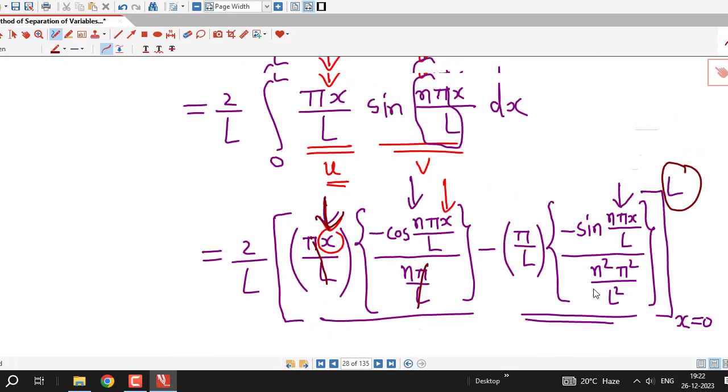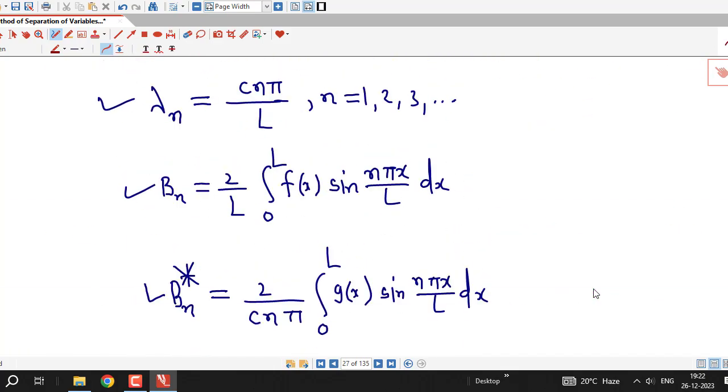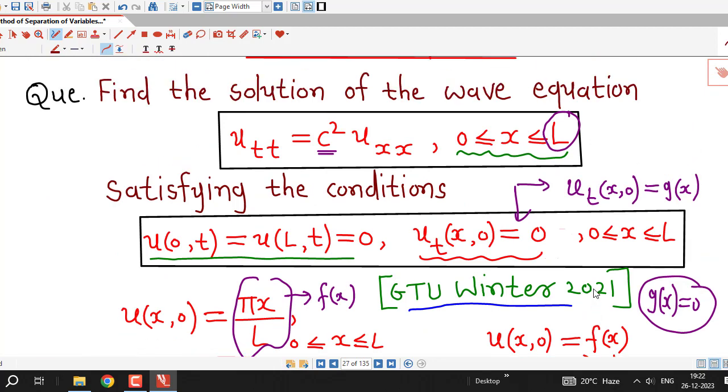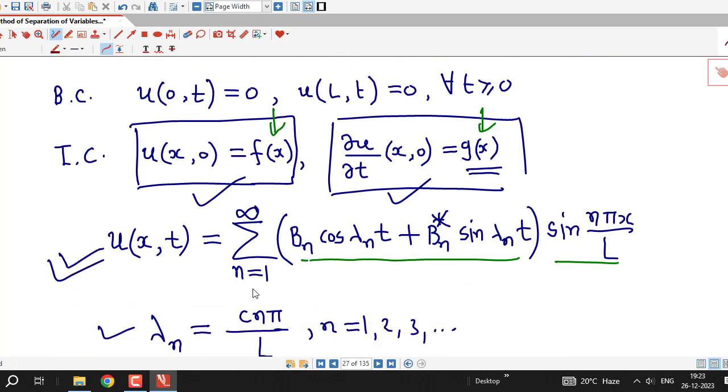So in this way we can easily find the solution of the problem which has the wave equation with this type of boundary conditions and initial conditions. All we have to remember is this formula of the wave equation satisfying these boundary and initial conditions.